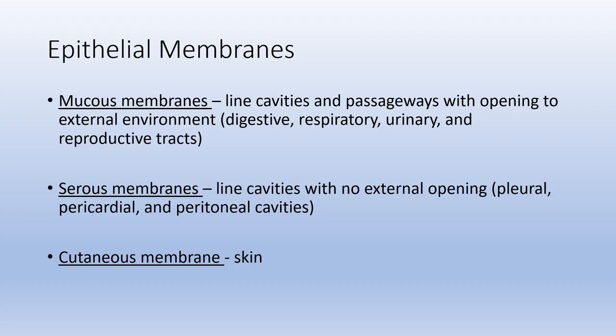So it's going to be mucous membranes. Serous membranes line those cavities that don't have an opening to the external or outside environment. Things like your pleural membranes that are around the lungs, the pericardial that surrounds the heart, the peritoneal cavities. The cutaneous membrane, that's just another name for your skin.